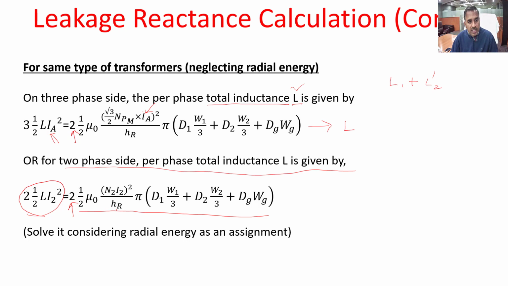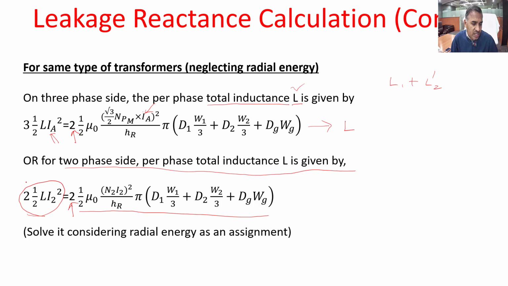That's why this 2 has come here. If they are dissimilar, then you have to use 2 different equations for them. But since we have considered them to be similar and neglected radial energy in the teaser transformer, that's how this 2 times term has come here.